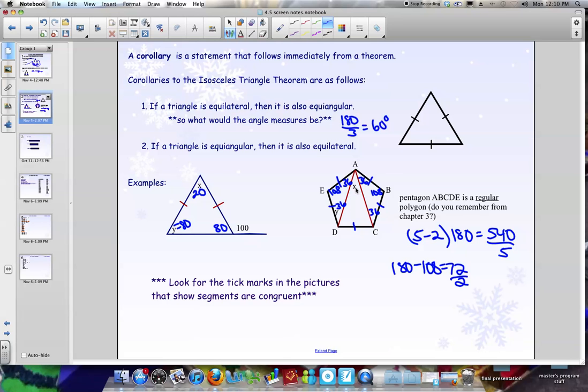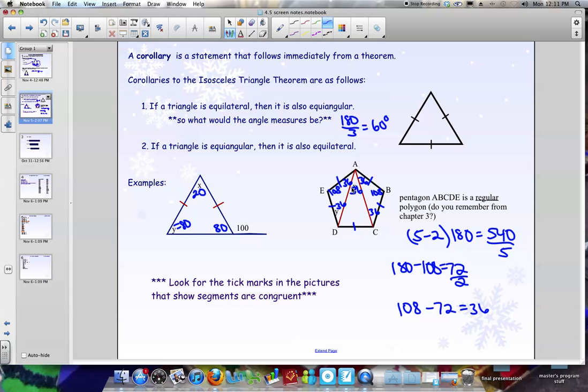The way I can figure out x is using the same concept. The interior angle has to add up to 108. So if I take 108 and subtract off my two 36s, which is 72, 108 minus 72 gives me 36.